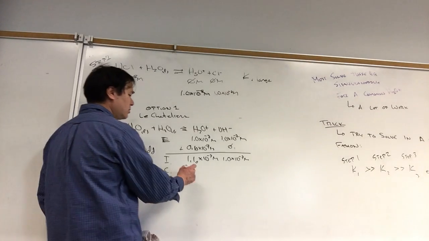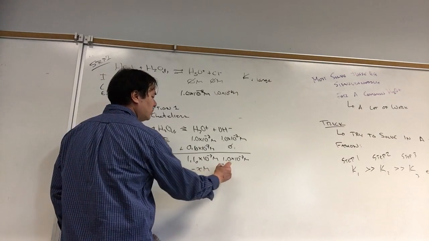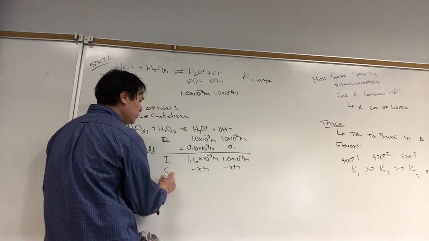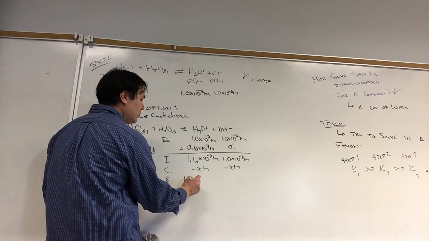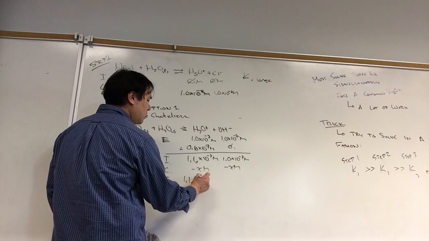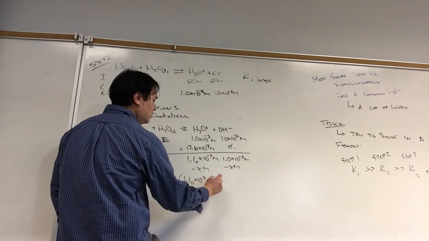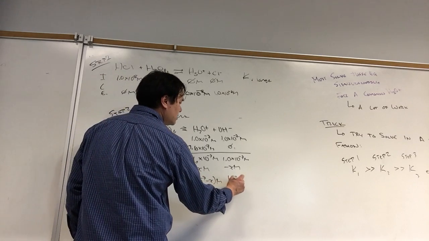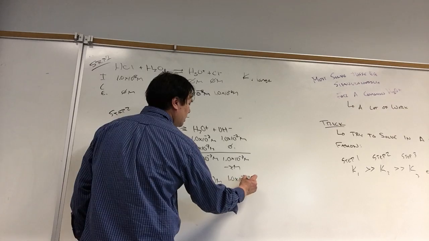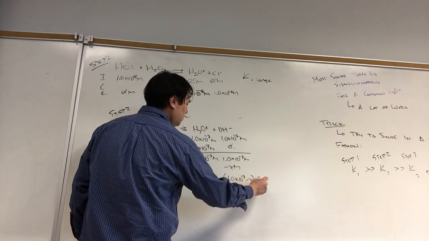We increase the concentration of the product. So this is going to be minus X molar, minus X molar. And so at equilibrium, we're going to get 1.10 times 10 to the minus 7 minus X molar, and 1.0 times 10 to the minus 7 minus X molar.